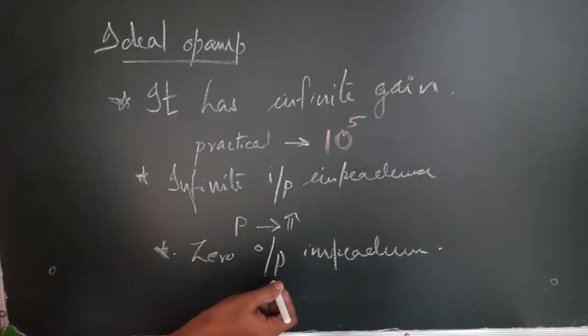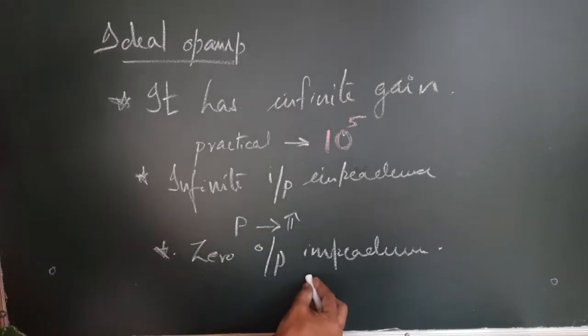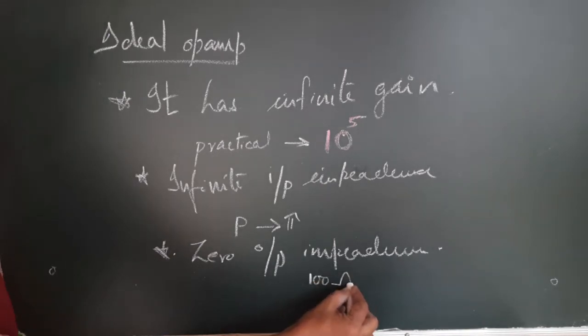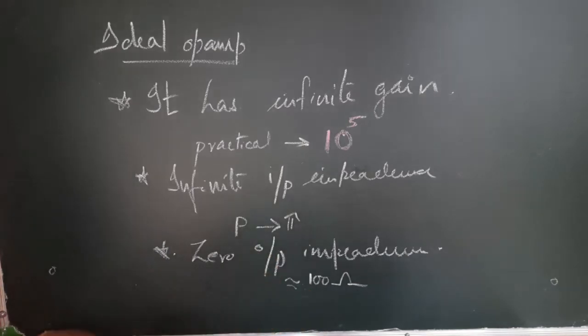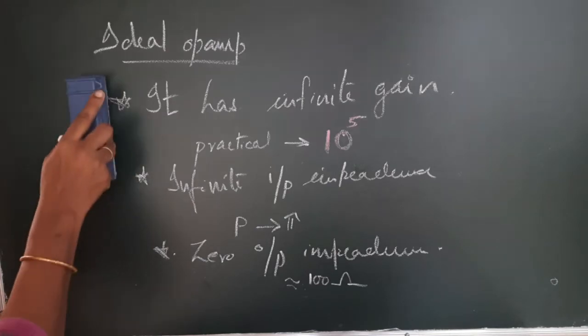So, practically you can say your output impedance will be in the order of a few hundred ohms, but not in the order of kilo ohms.